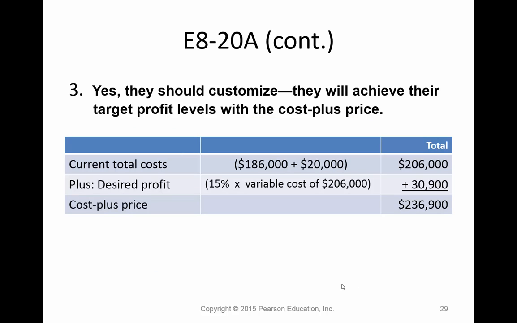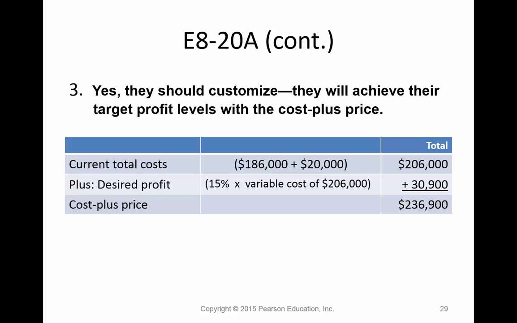So what we want to do is compare the total current costs given the upgrades with the new desired profit based on the new variable costs to figure out what the cost plus price of the home should be in order to make their target cost. So we have original total cost of $186,000 with the additions that they're going to make, or the improvements would increase the price by $20,000.